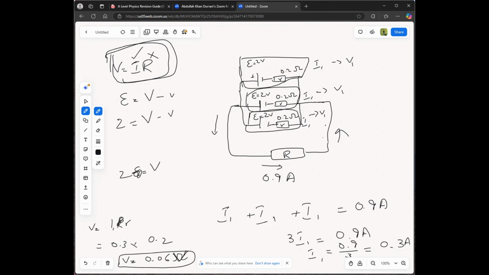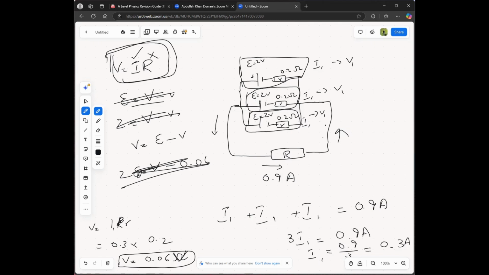So it would be 2 equals V minus 0.06. You can take 0.06 on the other side. Have I written it correctly? Actually, I have not. It's V is equal to the total EMF minus the lost voltage.